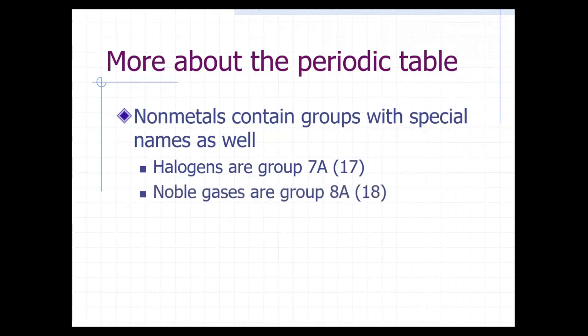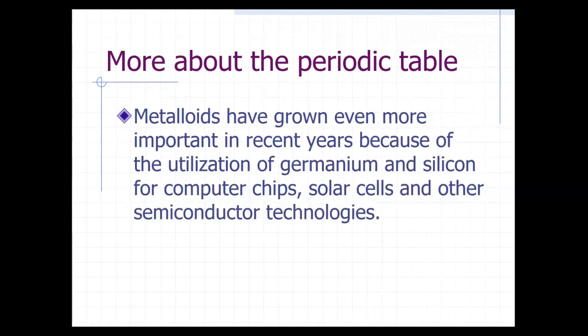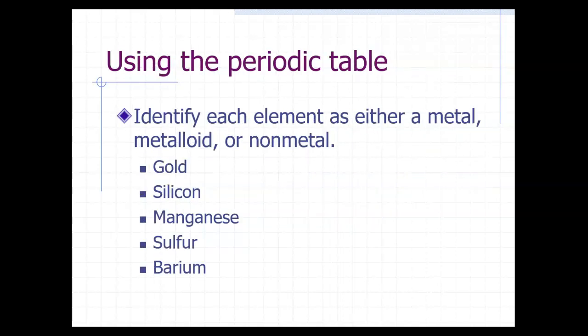And group 18 or 8A, as I prefer to call it, would be the noble gases, which would be helium, neon, argon, krypton, radon, etc. Metalloids contain things like germanium and silicon and other things that are used in semiconductors and solar cells and things like that. So they're actually fairly important in our life and in our society.